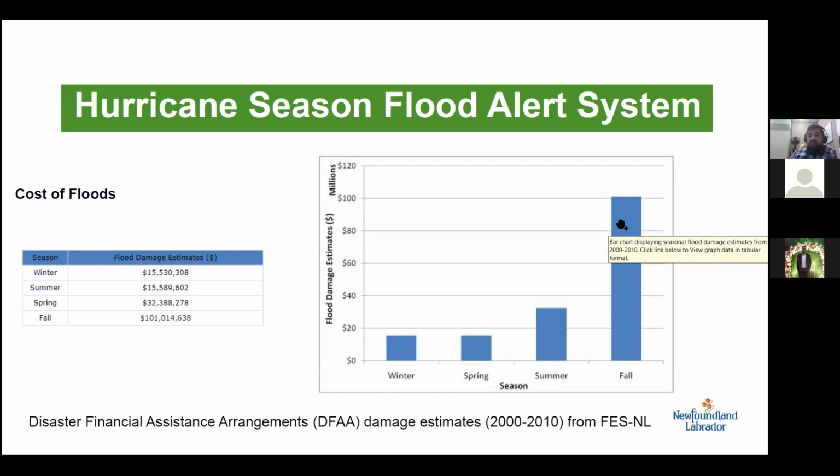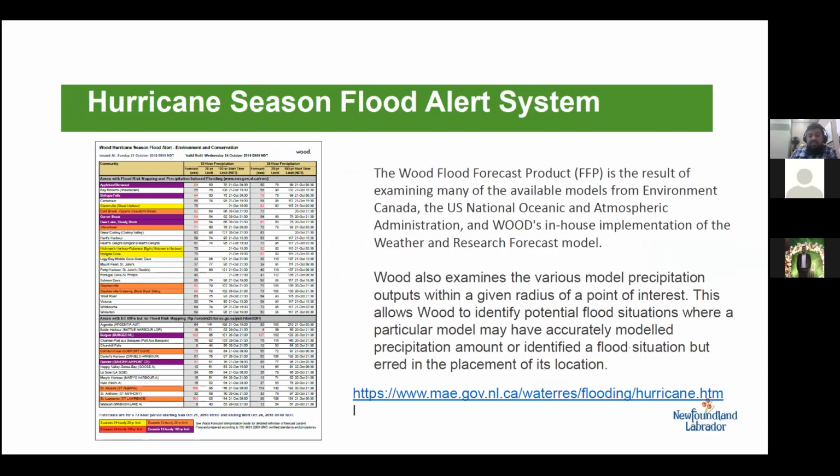So we figured out we need to do something to help these communities out. And because of that, we created what's called the Hurricane Season Flood Alert System, which we're told by Wood is the first of its kind in the country. So what happens is from June 1st to December 31st, every weather system that approaches the province is tracked by Wood.